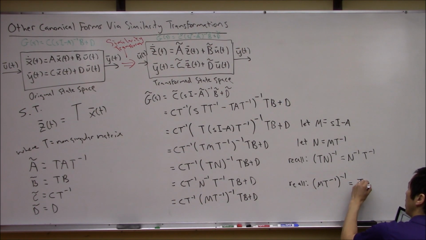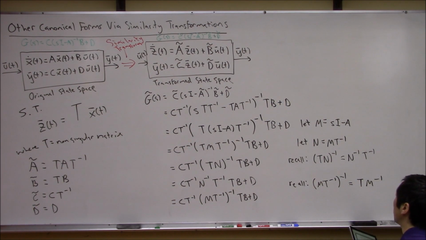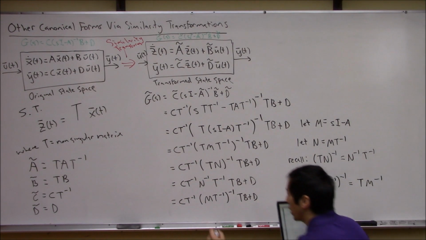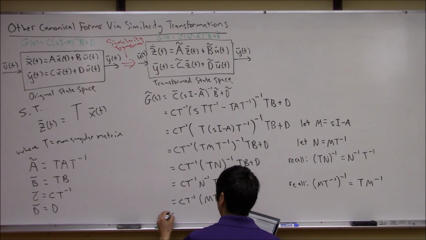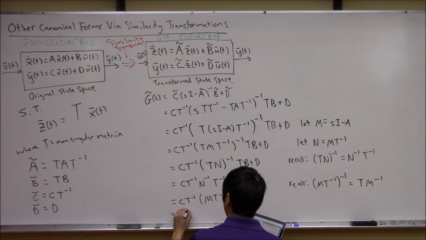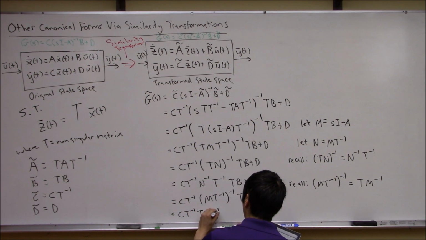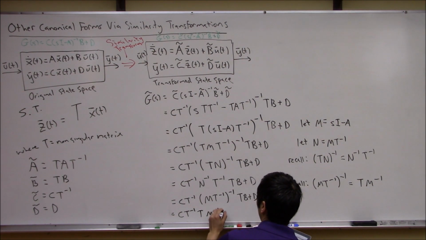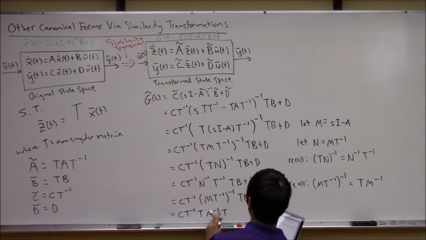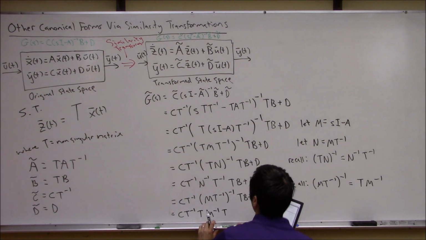So this becomes T times M inverse. Would everyone agree? Great, we're getting there. So this thing is C, T inverse, T, M inverse, T. Did I drop something? Hold on a second.